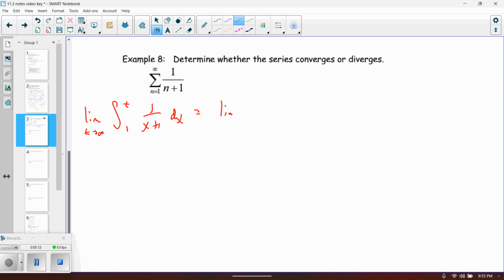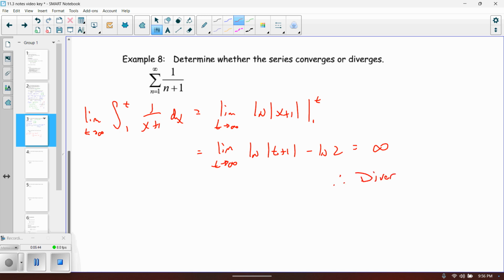So we'll have the limit as t goes to infinity, the natural log of the absolute value of x plus 1 from 1 to t, which is the limit as t goes to infinity of the natural log of the absolute value of t plus 1 minus the natural log of 2. Once again, if you plug in an infinite value into t, you're going to get infinity minus the natural log of 2, which is still infinite. So then this one is also divergent.